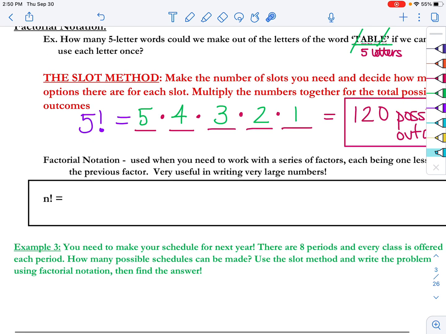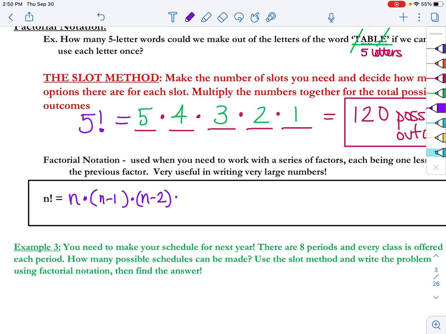So a formal way to say it is, what if we have any number n? Well, factorial notation would say take n and multiply it by the numbers that come after it. So what's one number less than n? Well, n minus 1. What's one number less than n minus 1? Well, n minus 2. And we would keep going, because we don't know what n is, right?